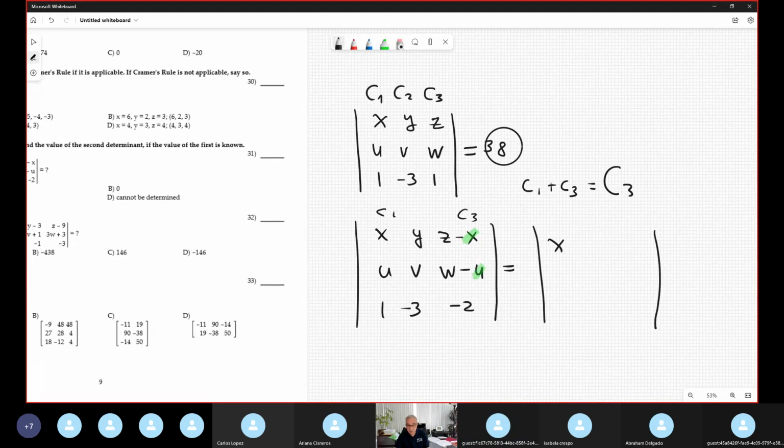Entonces X, U, 1, Y, B, and -3 stay the same. This is column 1 and column 2, and the new column 3 is the addition.